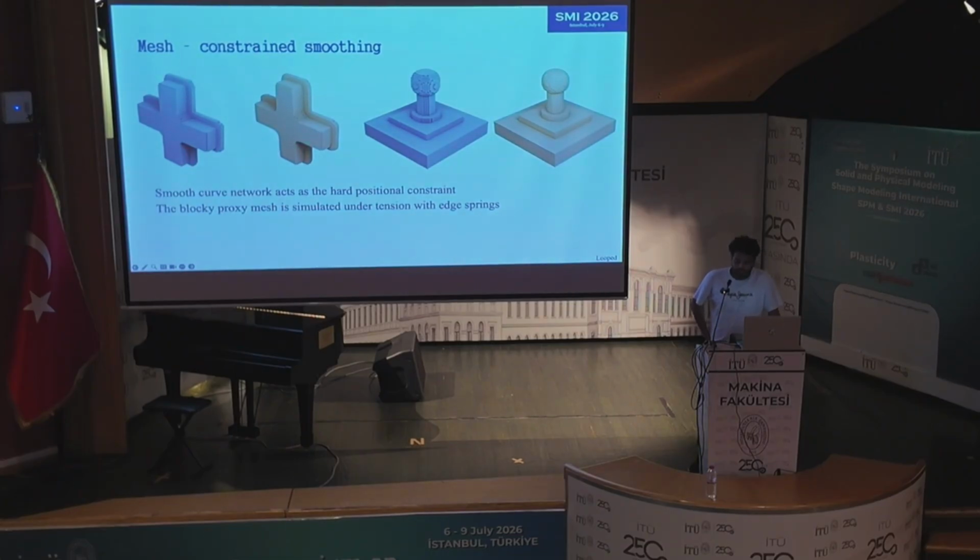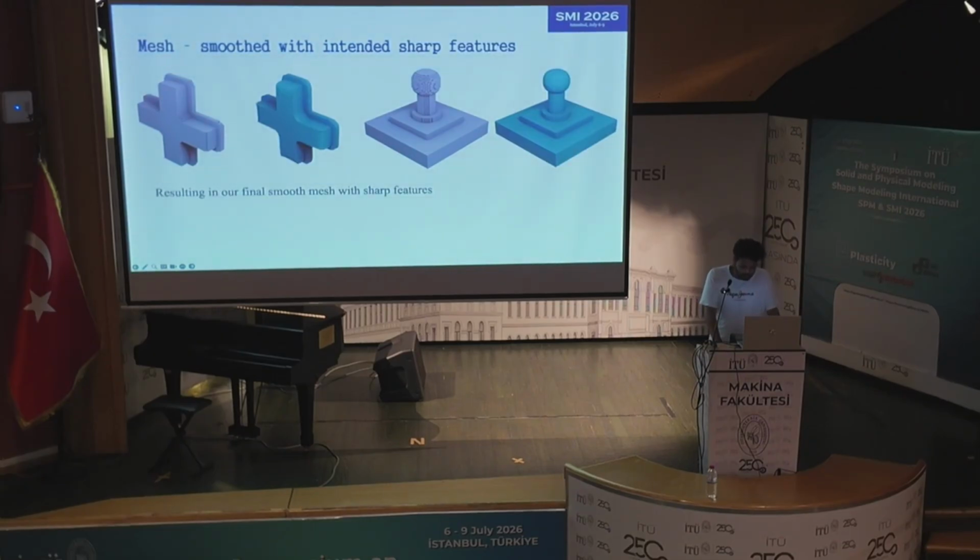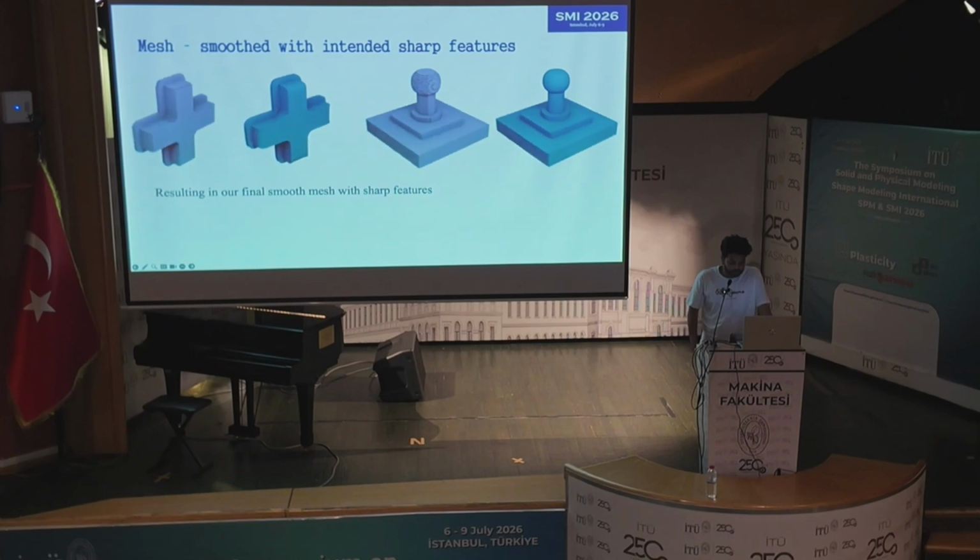And the simulated curves' corresponding positions on the mesh act as hard positional constraints, and we let the simulation begin under tension. This results in our final smooth mesh with user intended sharp features.